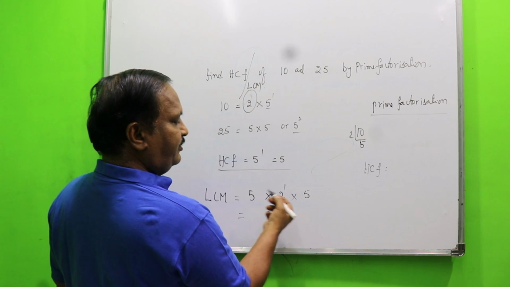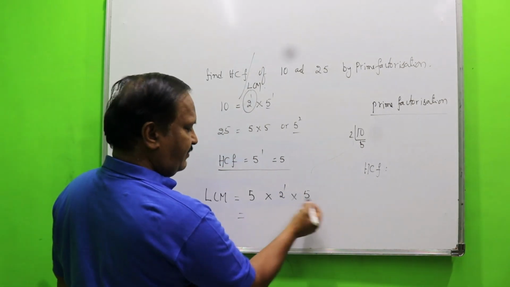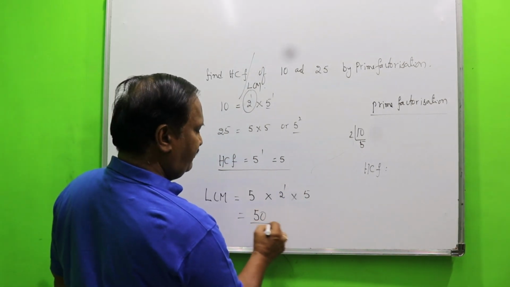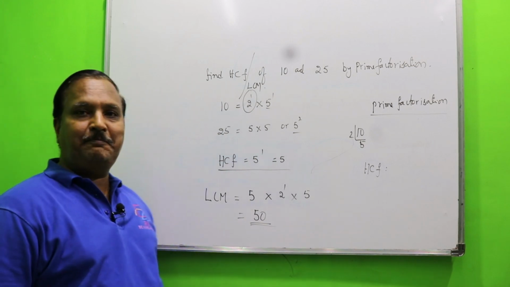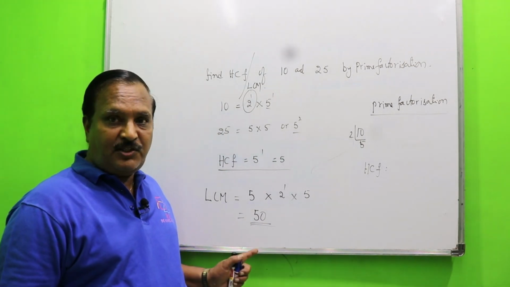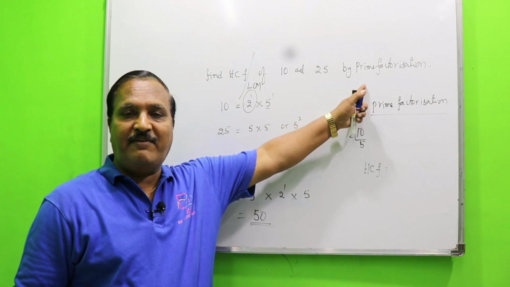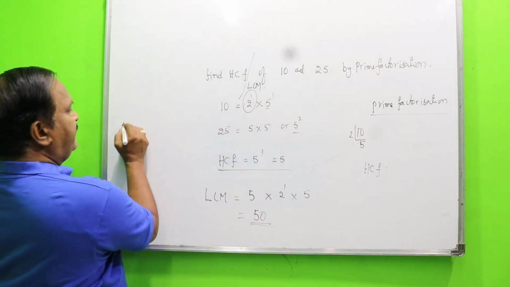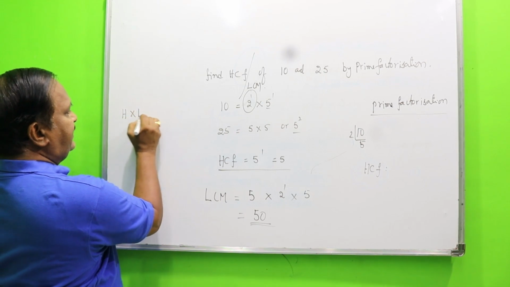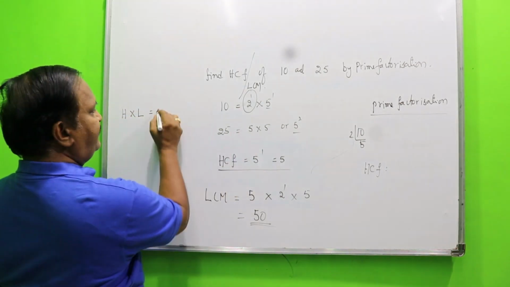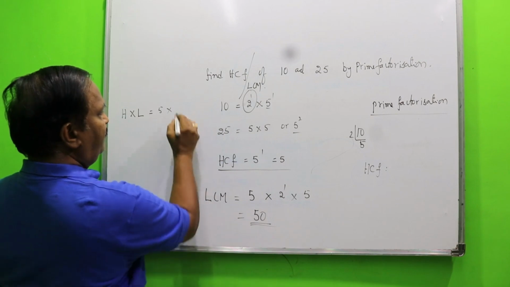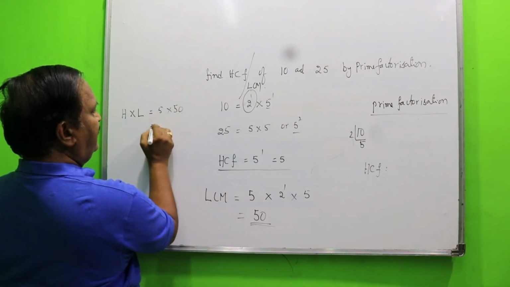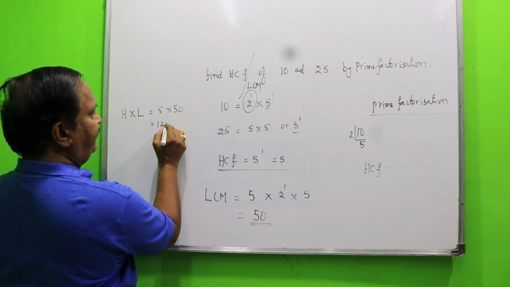So 5 into 2 to the power of 1 is 2, 10, 5 is 50. So 50 is the LCM. So this is also we are doing using the prime factorization. Now you just multiply HCF into LCM. HCF is 5 into 50 is equal to 250.